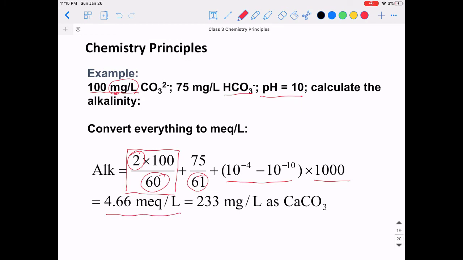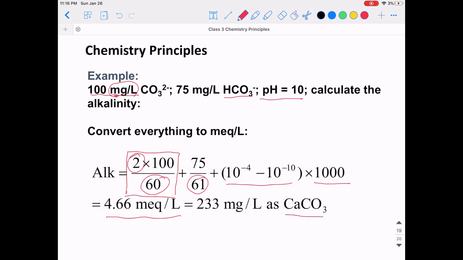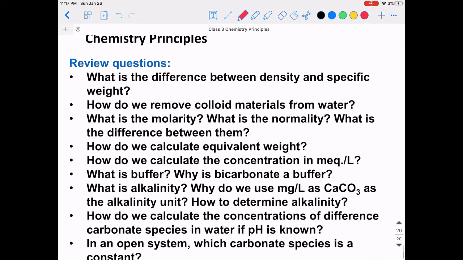This is going to give us 4.6666 milliequivalents per liter, right? Finally, we multiply by the equivalent weight of calcium carbonate, which is 50 gram per equivalent, and multiplying by 4.66 gives us 233 milligram per liter as calcium carbonate. I hope this example is clear enough, so we can use it to calculate the alkalinity for certain species of solution, right?